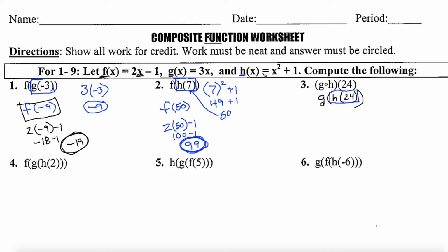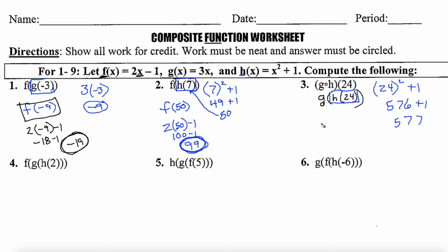So I'm going to go to h, 24. So 24 squared plus 1. 24 times 24, I'm going to do that on the calculator. I can't do that in my head. It is 576. So I have 576 plus 1, which is 577.